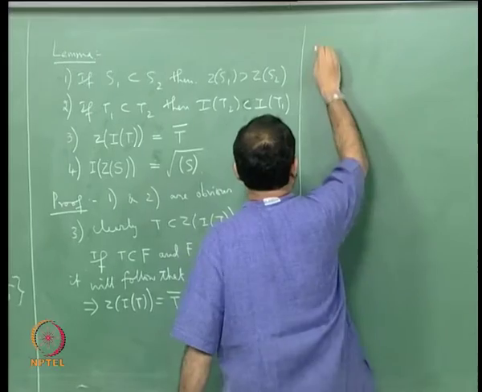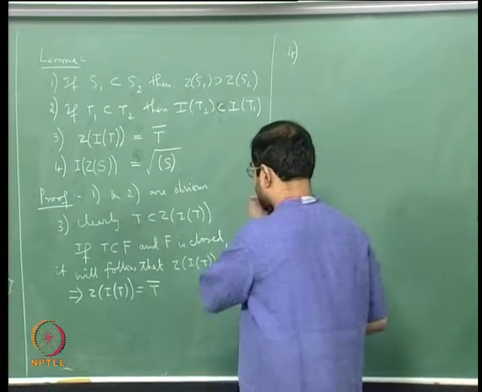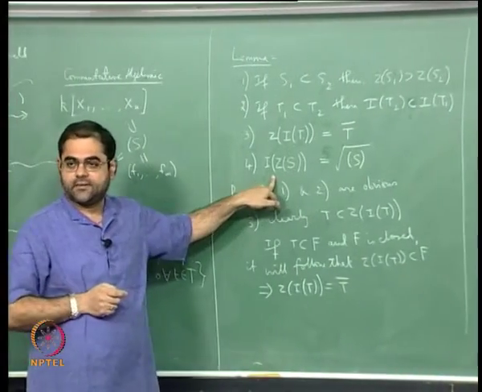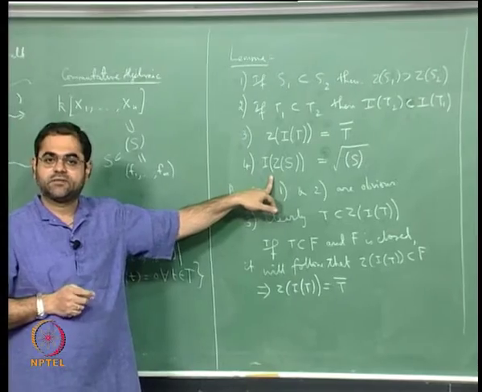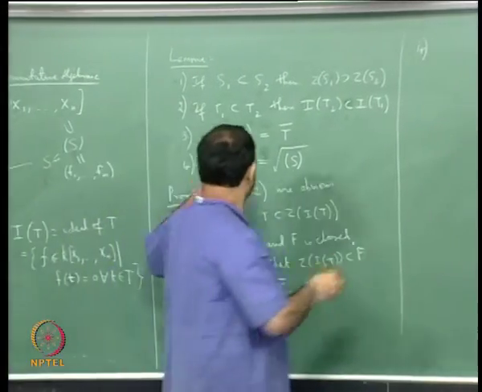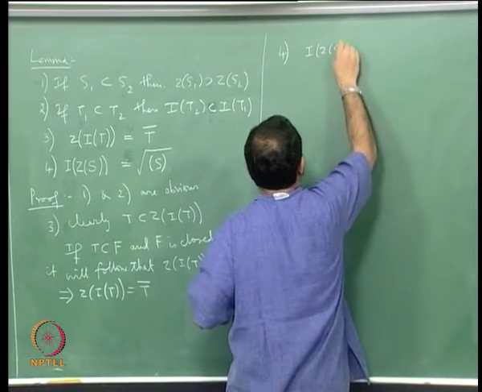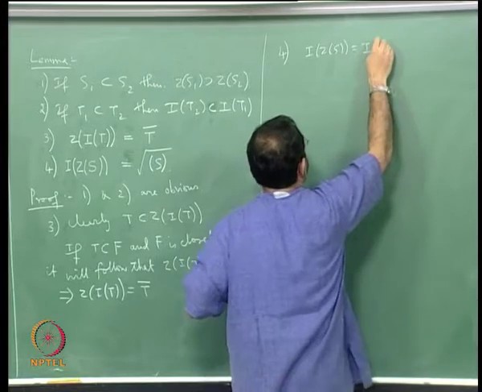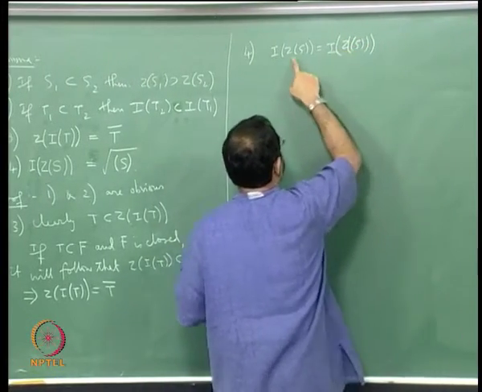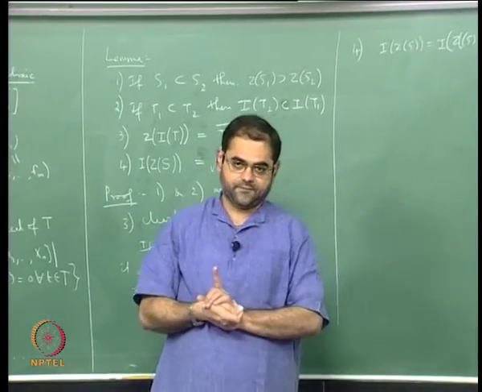And as for the proof of 4, well, one way is kind of obvious, and it is the other way which is not obvious and which involves the Nullstellensatz, okay. So you can see that I of Z of S is the same as I of Z of the ideal generated by S, because Z of S and Z of the ideal generated by S are the same, okay.